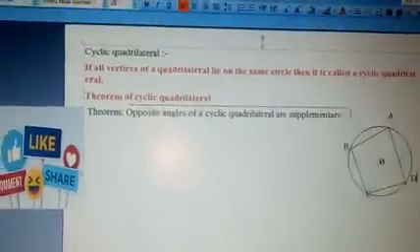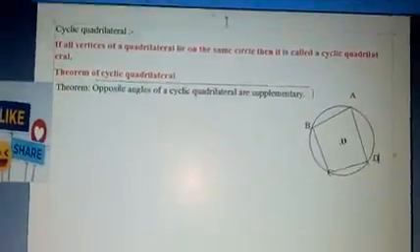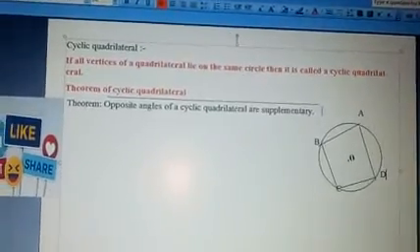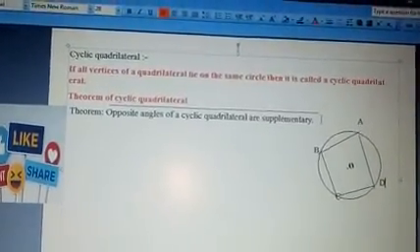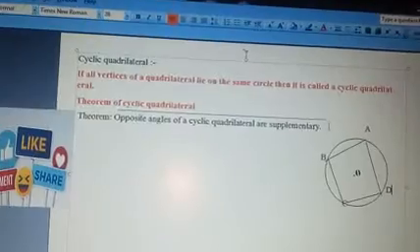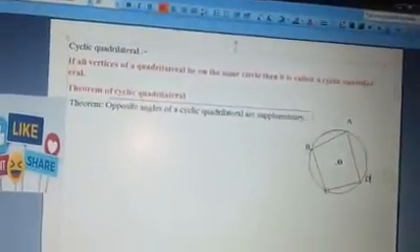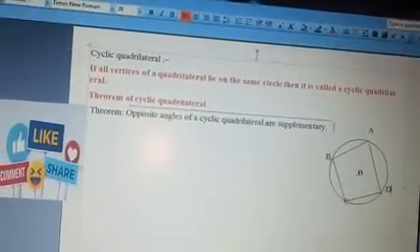Now, as we have learned in previous theorems about arcs and inscribed angles, you know very well about it.